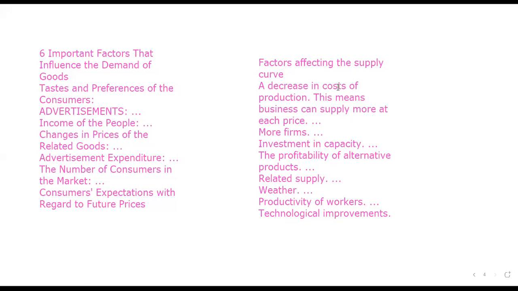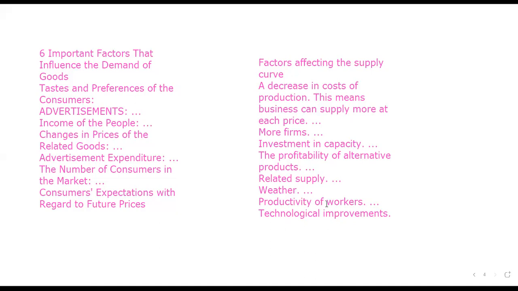The decrease in cost of production. When the cost of producing that commodity goes down, it means the business will have the potency to supply more. The investment capacity, if it's huge, then firms will join to supply. The profitability of alternative products.